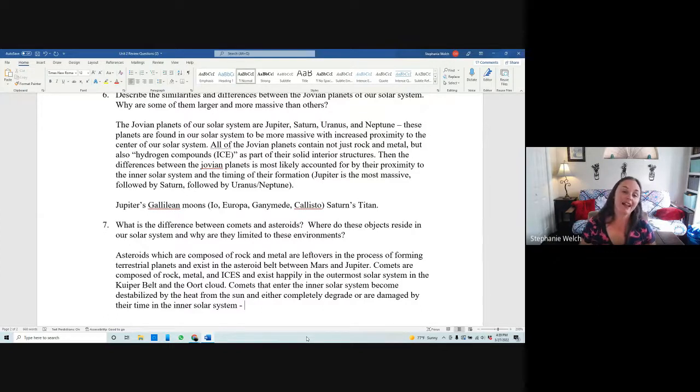So something like Halley's Comet is one that does get into the inner solar system, but gets in and out of the inner solar system quick enough so that it is not completely demolished by its time here. So it's when these comets are in the inner solar system, this is when they grow tails and are highly visible objects from Earth.